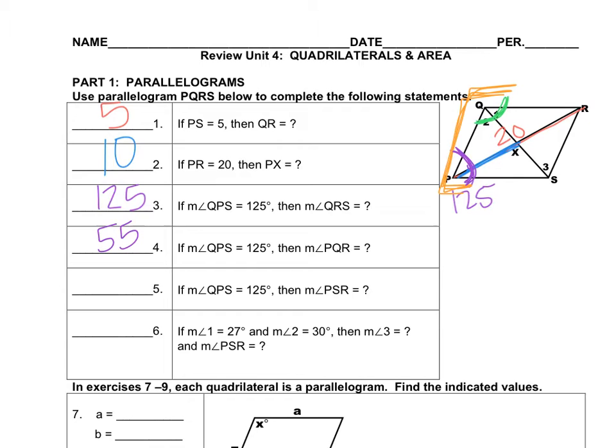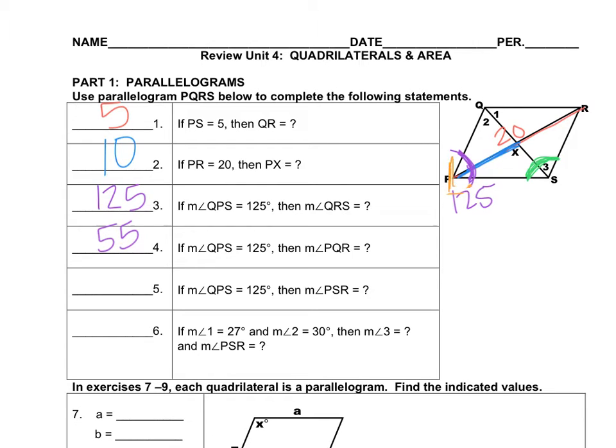And then on the next one, it also is dealing with QPS. So QPS is still 125. This is that angle right here. I'm looking for angle P to S to R, so I'm looking for this angle in green. It's pretty much the same problem as number 4.